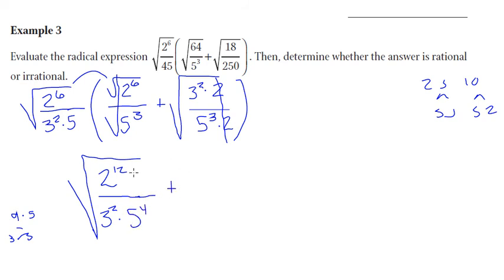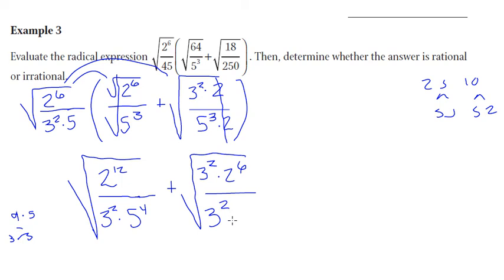And I'm going to be adding that to this here. So this is going to be the square root of 3 squared times 2 to the 6th over, and down here I'm going to have 3 squared times 5 to the 4th.